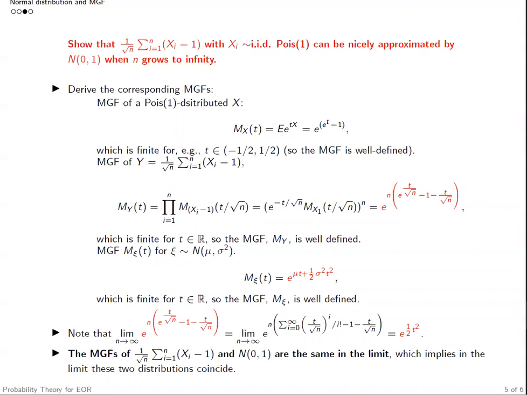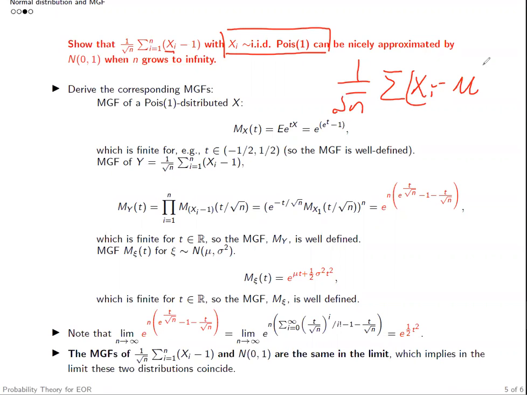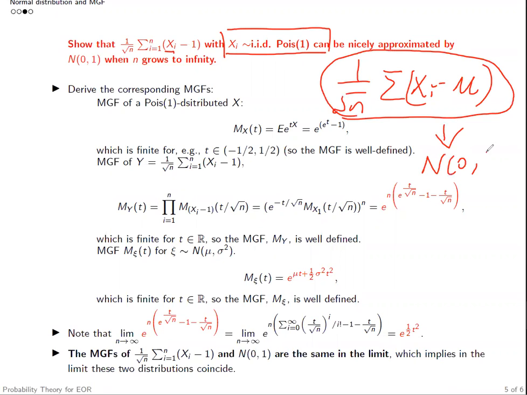Actually, this property holds true for a much larger class of xi's, not only for this Poisson distributed random variable, but there is a general class of xi's such that xi minus its mu, this rescaled sample mean, in the limit will follow the Gaussian distribution or the normal distribution.